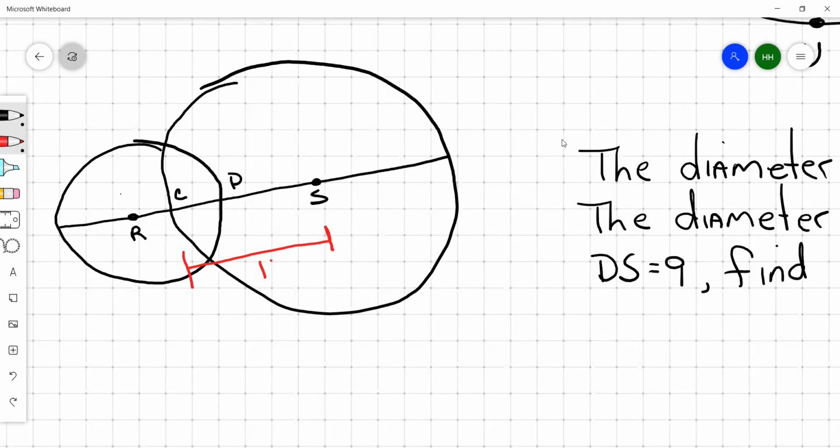Very good. You're told that the diameter of R is 20. So if we do this same thing right here, this piece would be 10. Trying to figure out the distance from C to D.